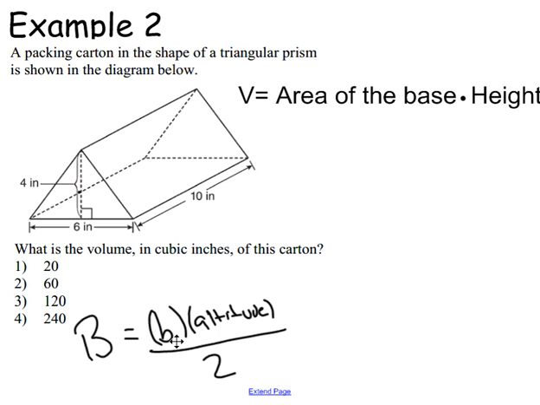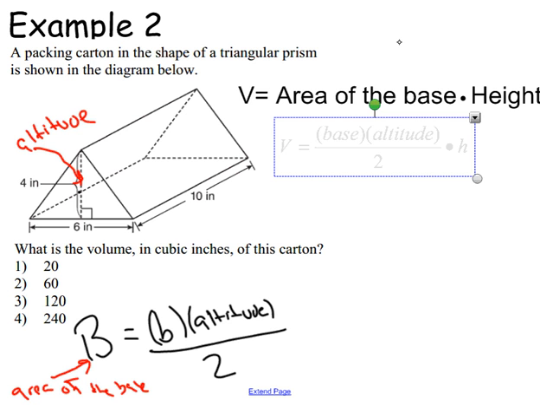Remember, this capital B stands for area of the base, which is equal to the base times the height. Excuse me, the altitude, right? I'm using the word altitude for the height of the triangle.